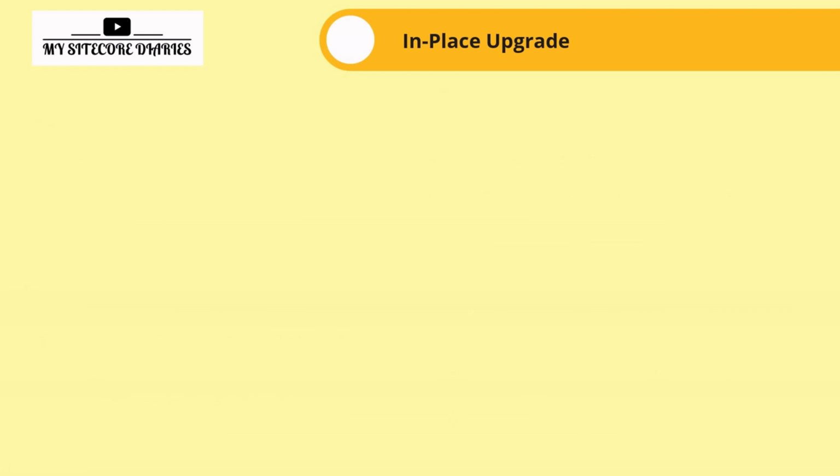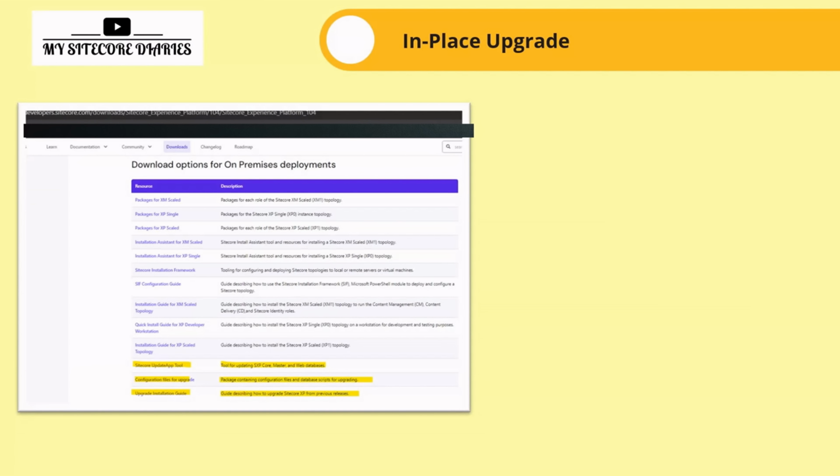Now we will quickly go through the in-place upgrade approach. For this approach, you need to download three things from the Sitecore download page. Whichever version you are upgrading to, say 10.0.4, find the download option for on-premise deployment.